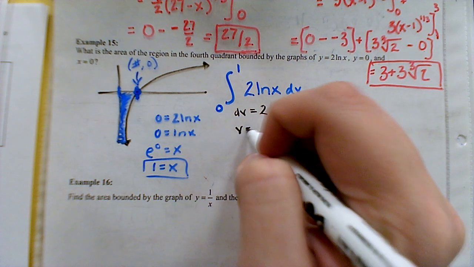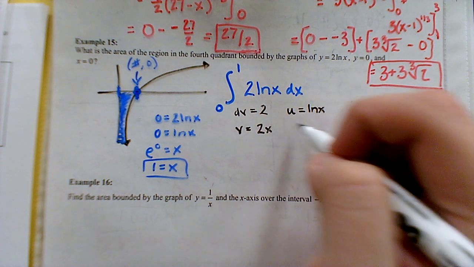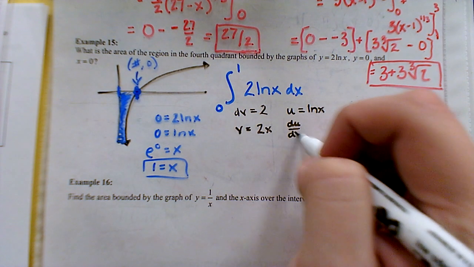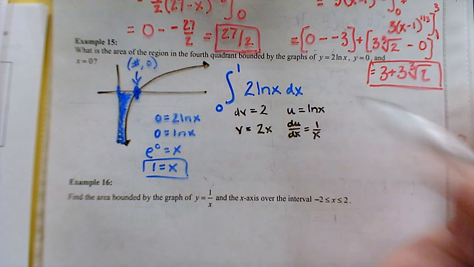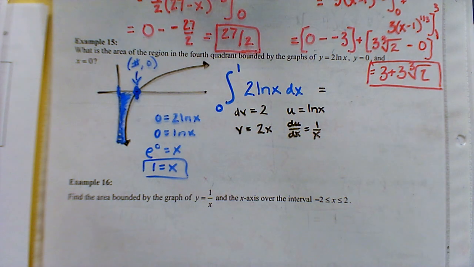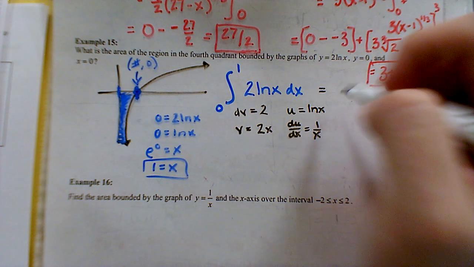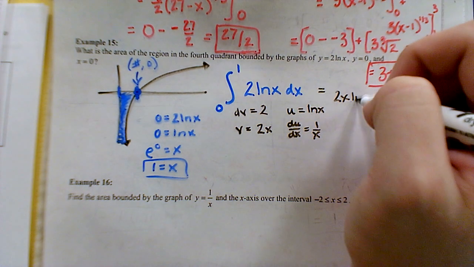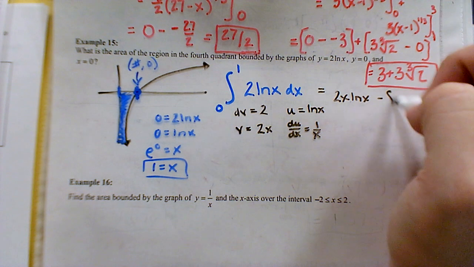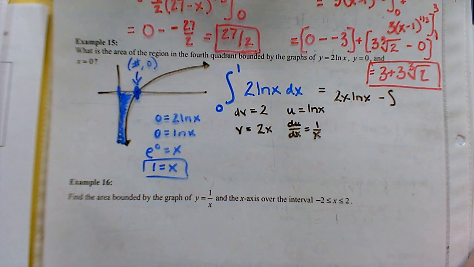So if we work backwards from 2, we'll have 2x, and derivative of natural log would be 1 over x. All right, so if we're doing by parts, we need u times v minus the integral of v du.